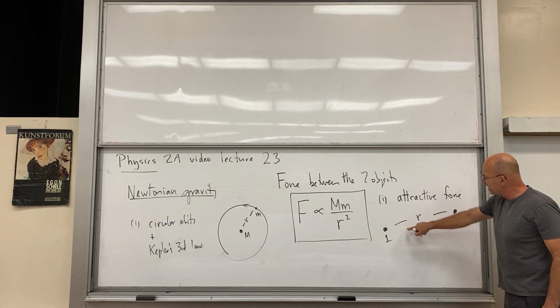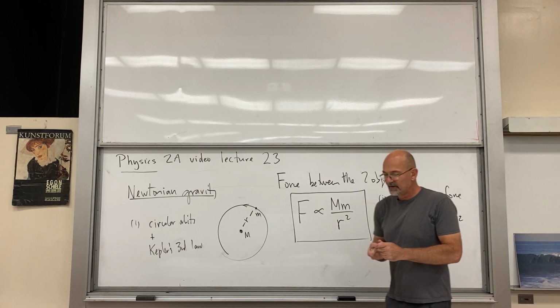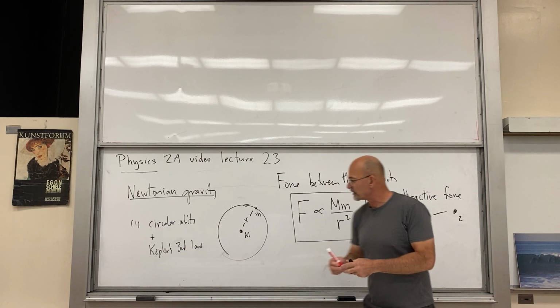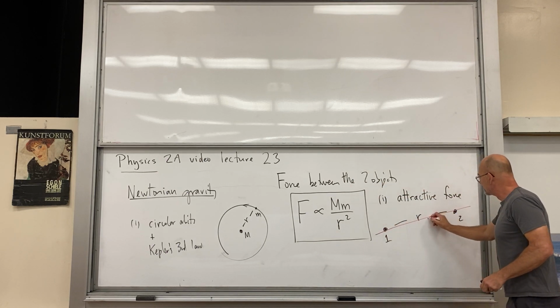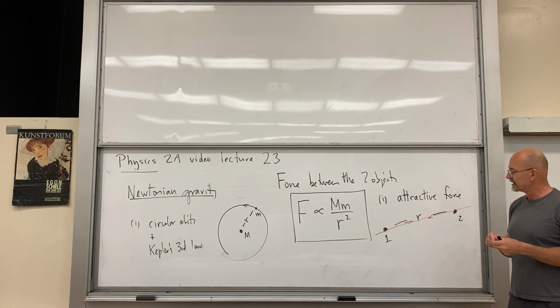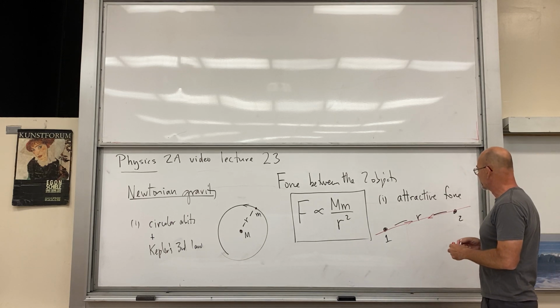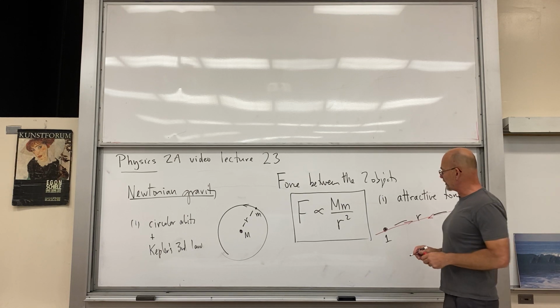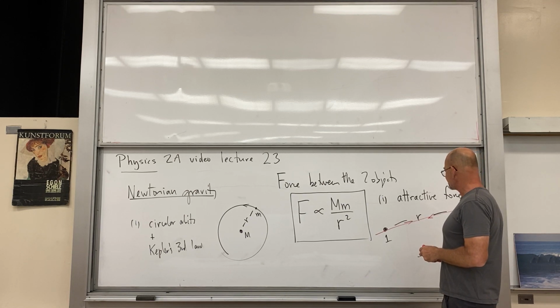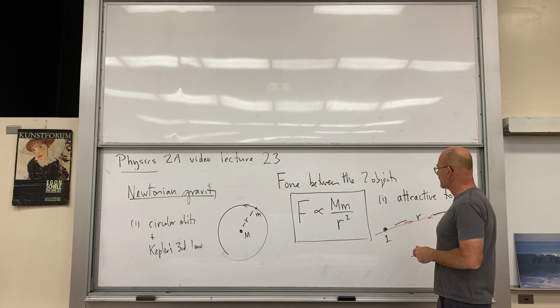There's the separation distance r. So the direction of the force, remember force is a vector, is along the line that is joining them. And we refer to that as a central force sometimes as well. We've got an attractive force.